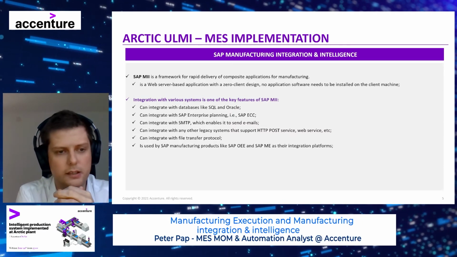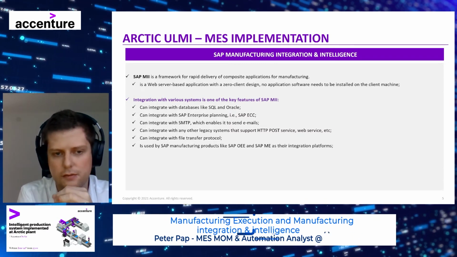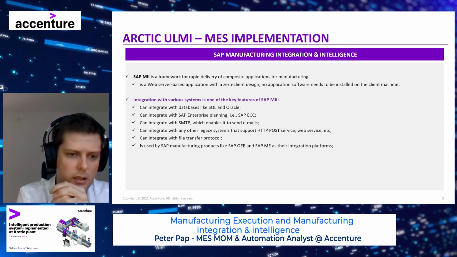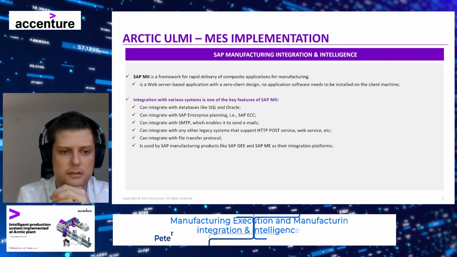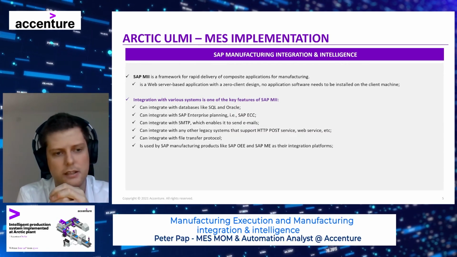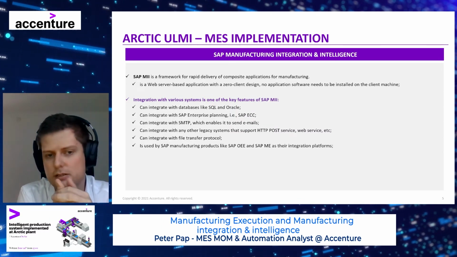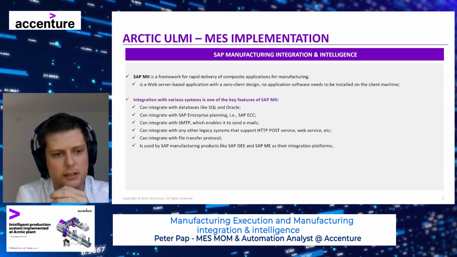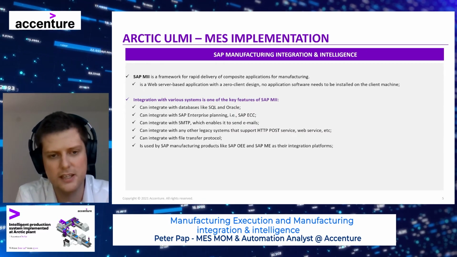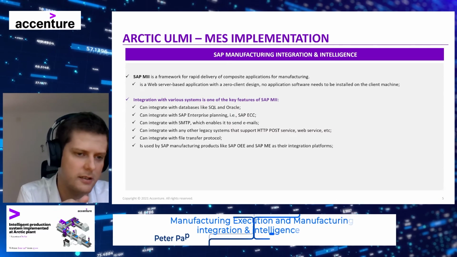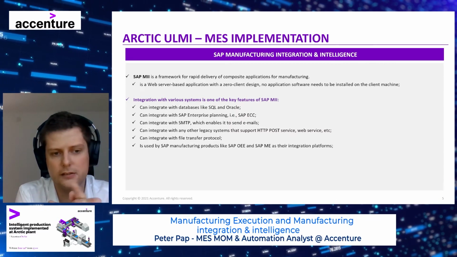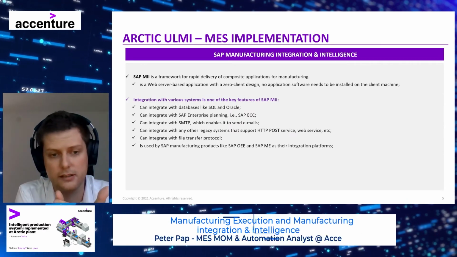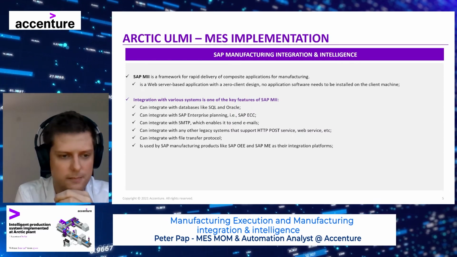Integration with various systems is one of the key features of SAP MII, as it can integrate with database servers, SQL, and Oracle, with enterprise resource planning systems such as SAP ECC, can integrate with SMTP, which enables the functionality to send emails, can integrate with any other legacy system that supports HTTP post services or web services, and with file transfer protocol, in order to connect to a local folder or a shared directory in order to exchange files.